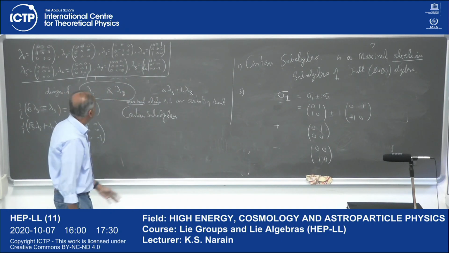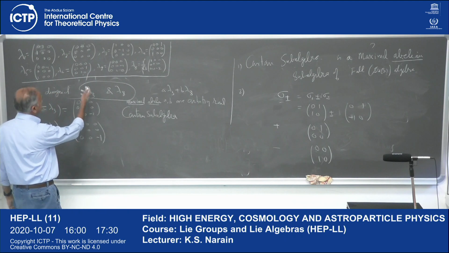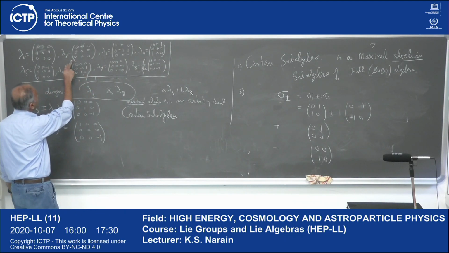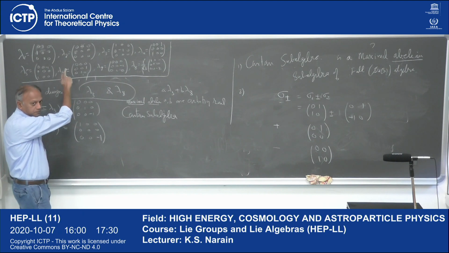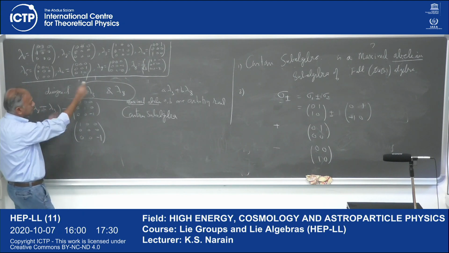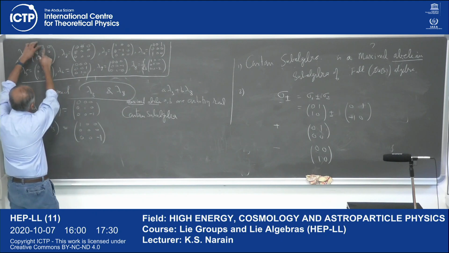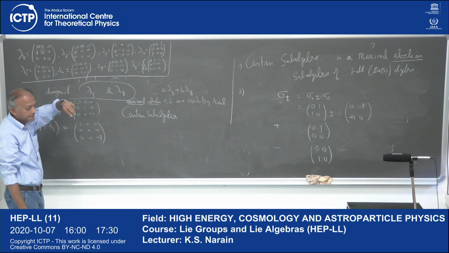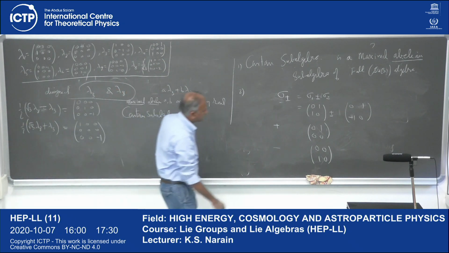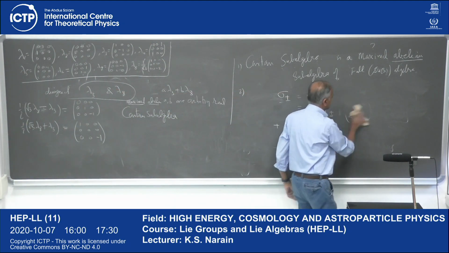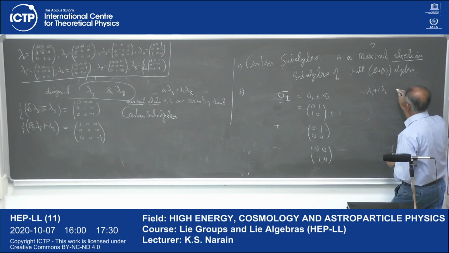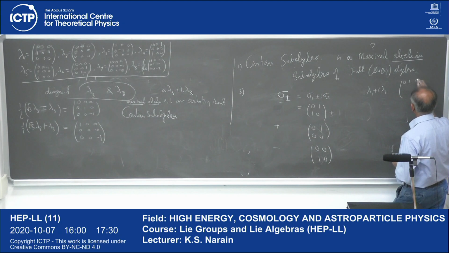And again, what we can do, for example, is take lambda 1 plus i lambda 2 and lambda 1 minus i lambda 2 combinations. It will do the same thing because these are the sigma 1 and sigma 2 in this block. So let's choose lambda 1 plus i lambda 2, which will be just a 0, 1, 0, everything else 0.